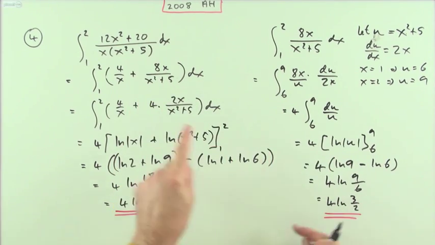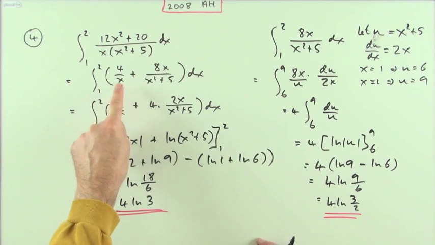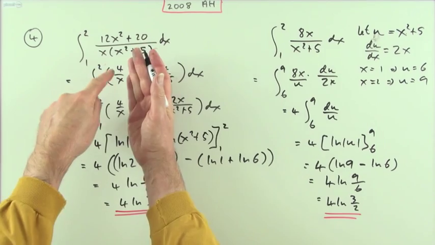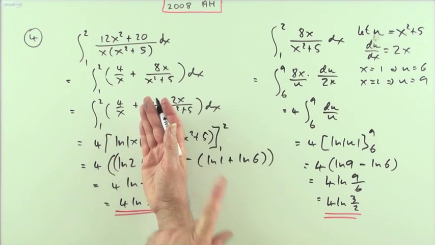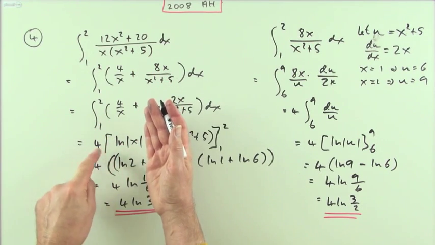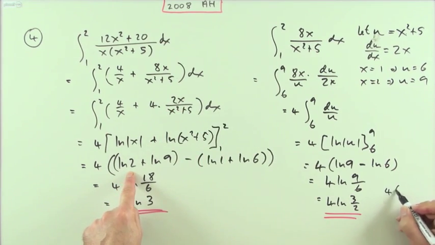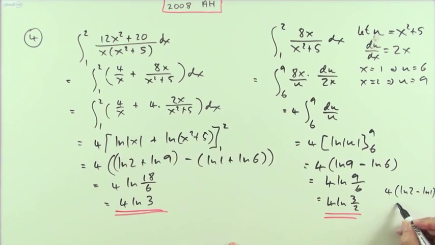You would, if you were doing that way, have had to follow that through by itself and then add the two parts together. And that part would just be this portion here coming down, ln x evaluated from 1 to 2. So that's 4 times ln 2 minus ln 1, which of course is just 4 ln 2.